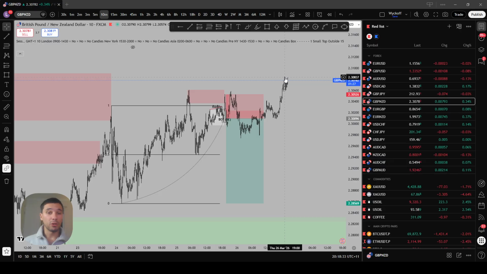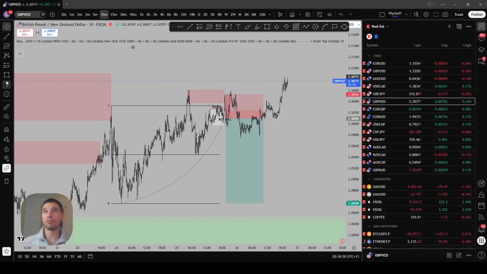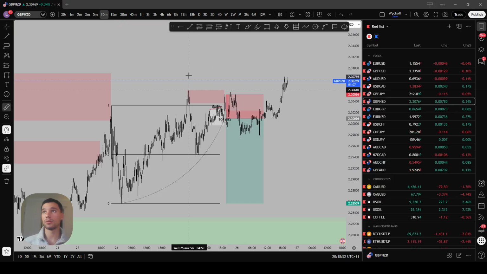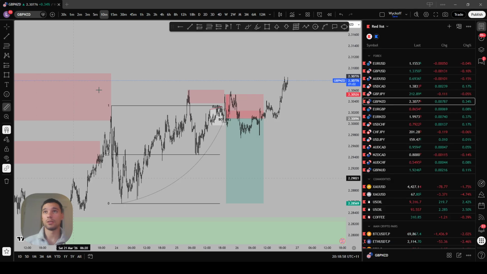And already I would not be looking for a model 1 here, just because the distance between tap 2 and 3 is a lot longer than the distance between tap 1 and 2. You can see here tap 1 and 2, 1 day 6 hours 40 minutes, and tap 2 and what would have been a tap 3, which is yet to be confirmed by the way, is now 1 day 14 hours and 10 minutes.